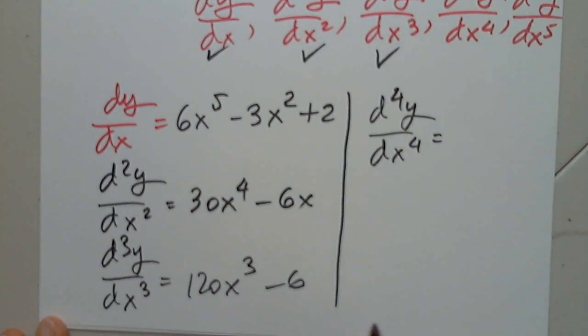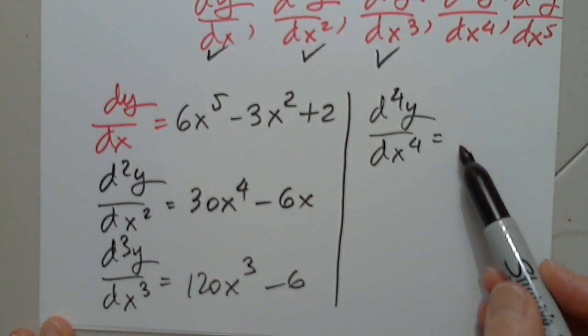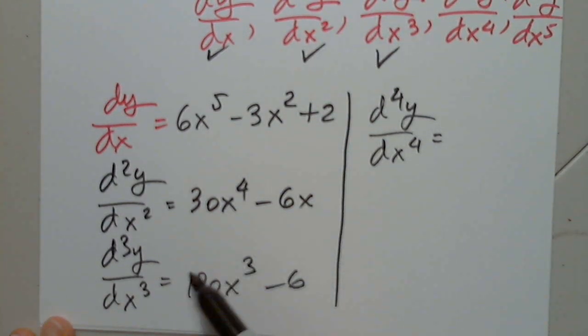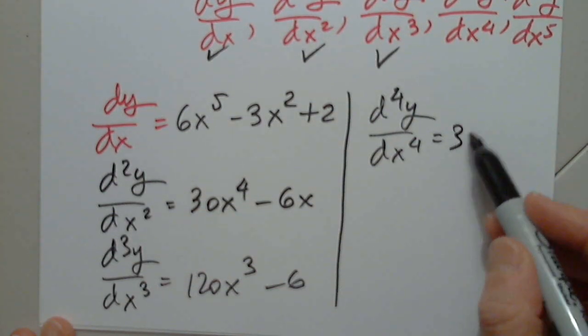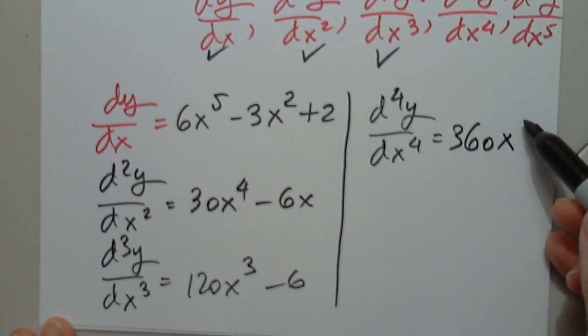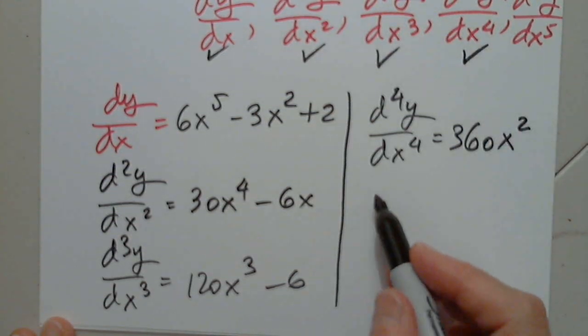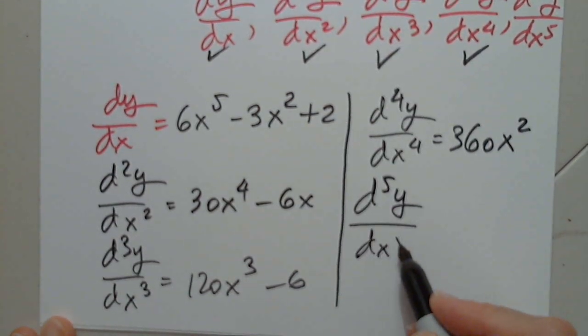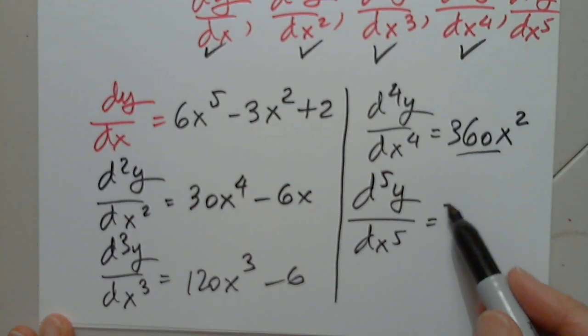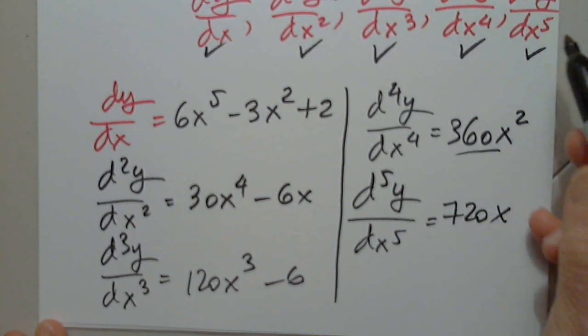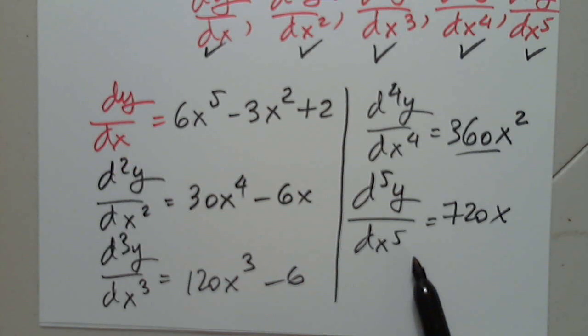Can anyone differentiate this again? 360x. To which power? To the 2nd. Excellent. So this is done. Last one. 720x. That's it. So we went through all these steps to find the fifth derivative, and here it is.